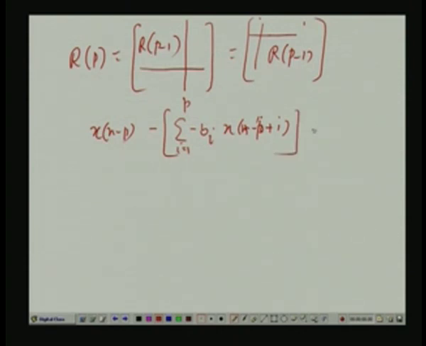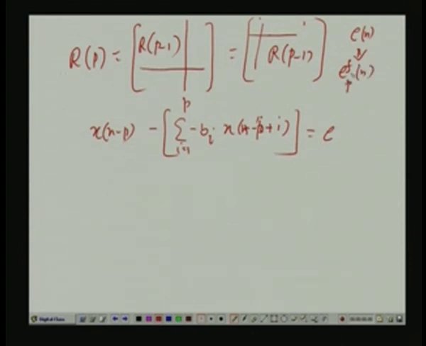So, this is the error. This error you call E. Previously, whatever was E n will now be written as E f, because that was related to forward prediction, E f p-th order n.